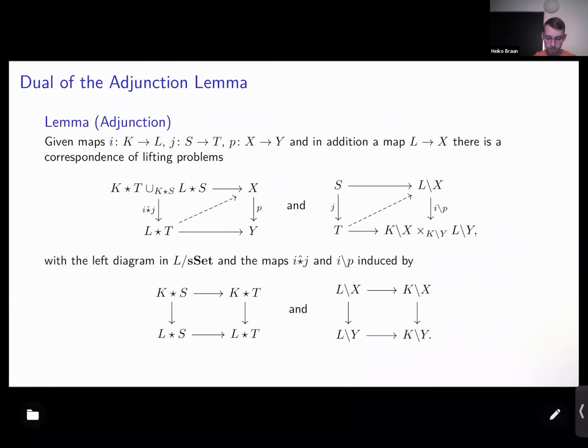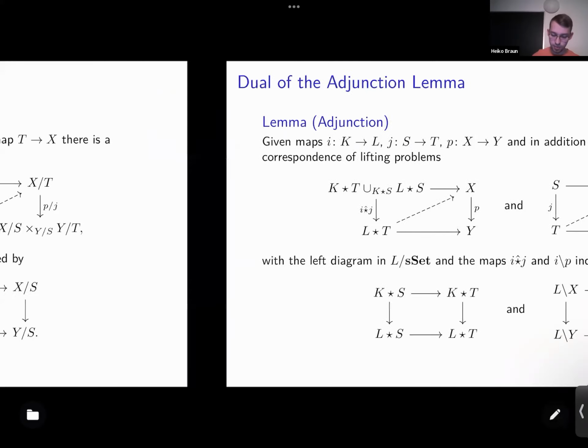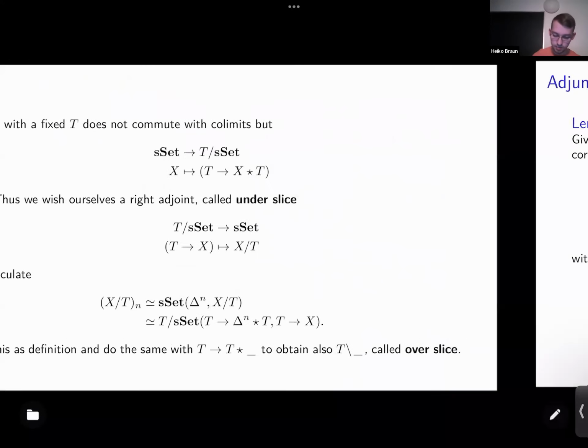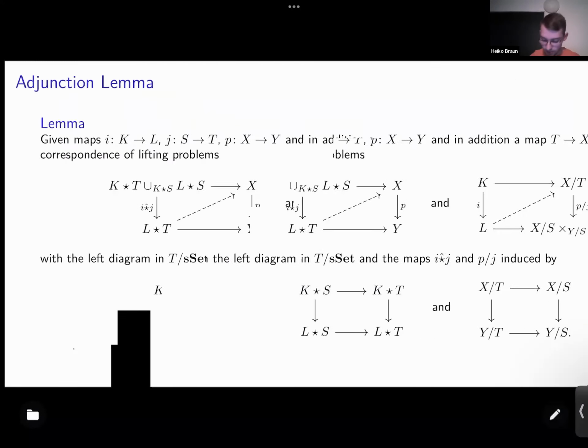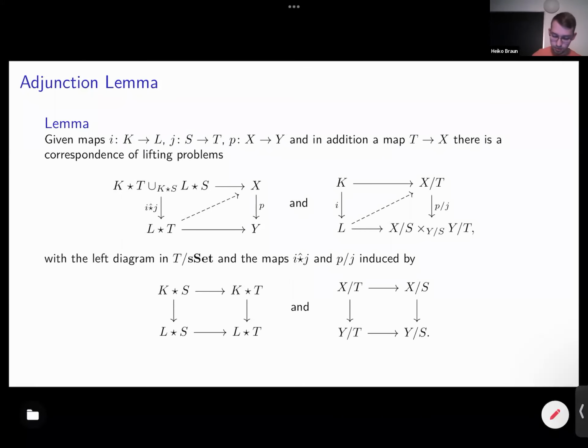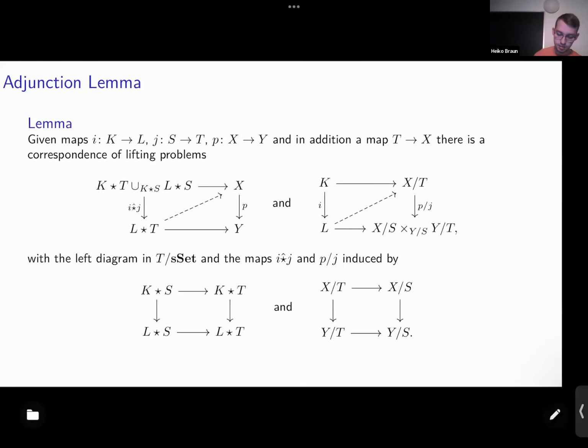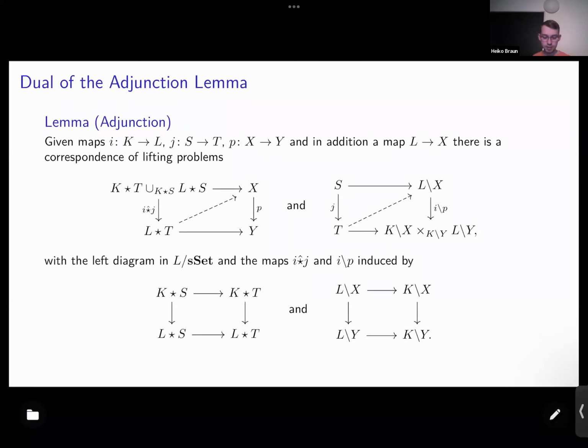Now we use the overslice, because we have taken the S maps to the other side, and before we had taken K and L to there, and now it's just S, and everything is then the overslice changes around. But it's not too surprising that these two hold.